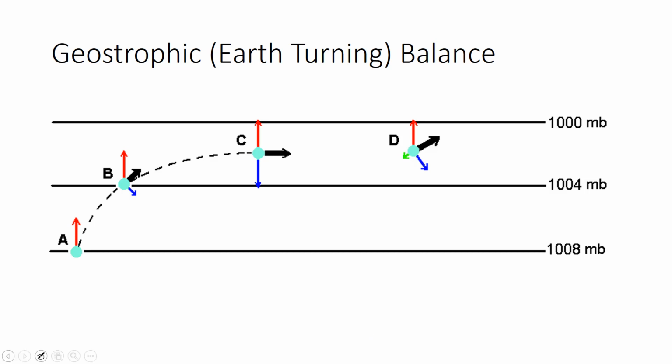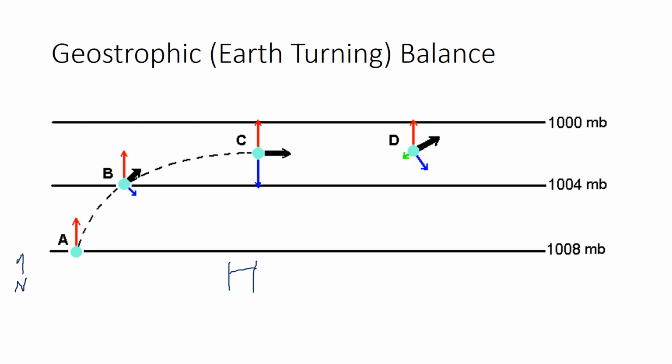So here's what happens. This is a little bit more complicated than the map that I showed you a few moments ago, but really the same idea. We have high pressure down here to the south. Let me put a nice little north sign right here.